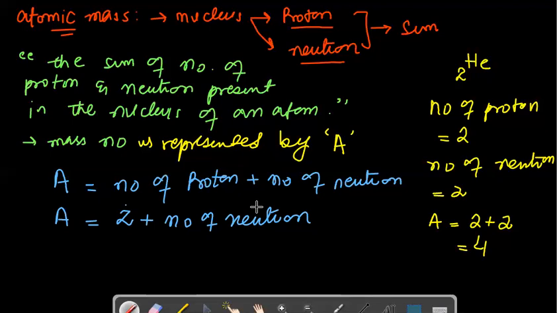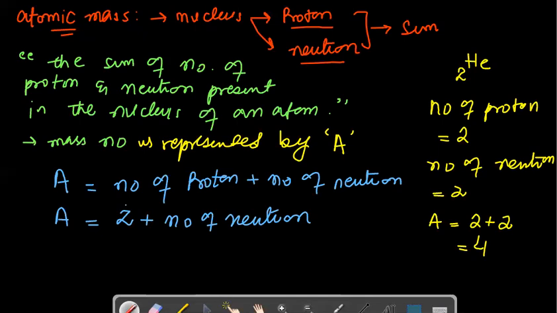For example, if I say to you that there is a certain species, any species X, okay, and it has atomic number of 10, and mass number of 50. And I ask you to calculate the number of neutrons. What are you going to do? You are simply going to use this formula. Okay, simply put the values in this formula. How?